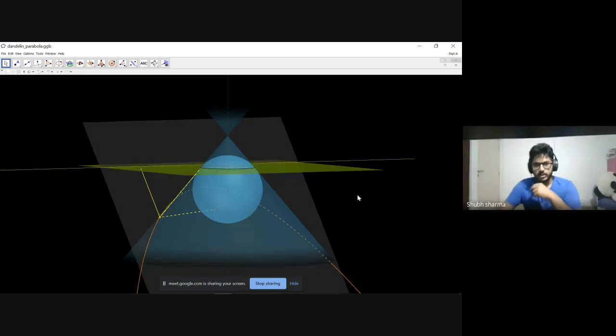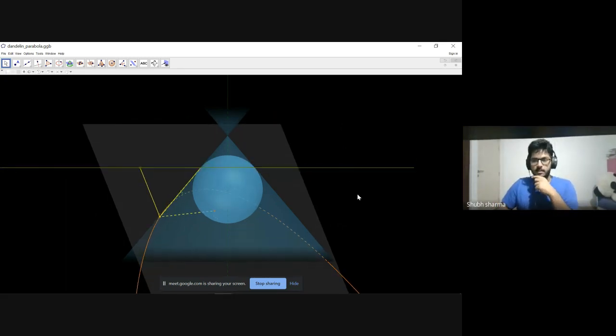The projection of both of these lines along the axis is the same, and the angle they make from the axis is also the same. The lengths of both the lines are the same.